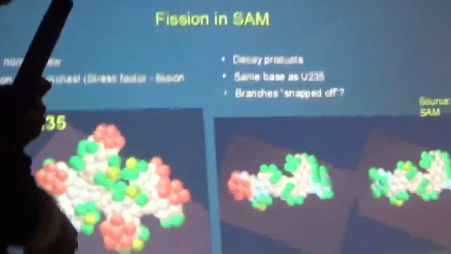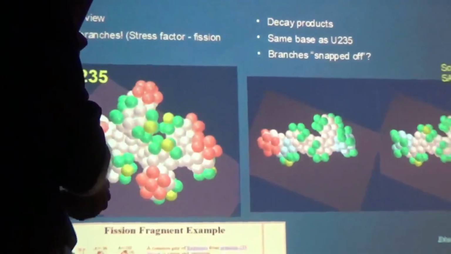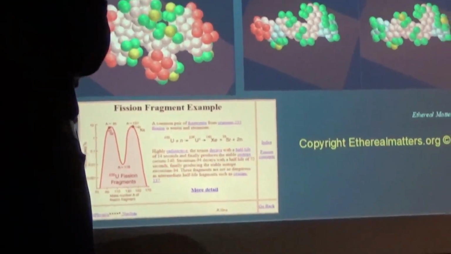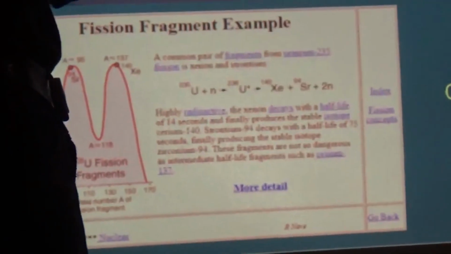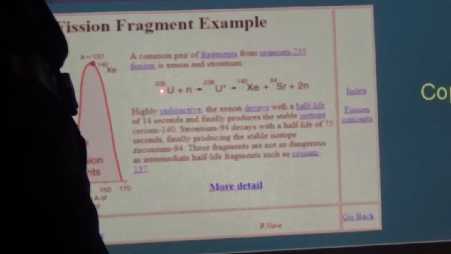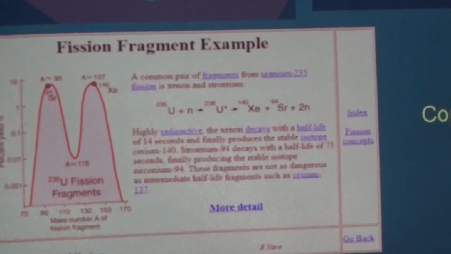However, as we know, and this is not explained at all properly, there are two huge peaks here, while the normal standard deviation you would expect one normal peak. This is a big enigma as well. Nobody can really explain it. We see an example here. Uranium-236 goes into xenon 140 and strontium 94 and 2 neutrons, which keeps the chain reaction going.